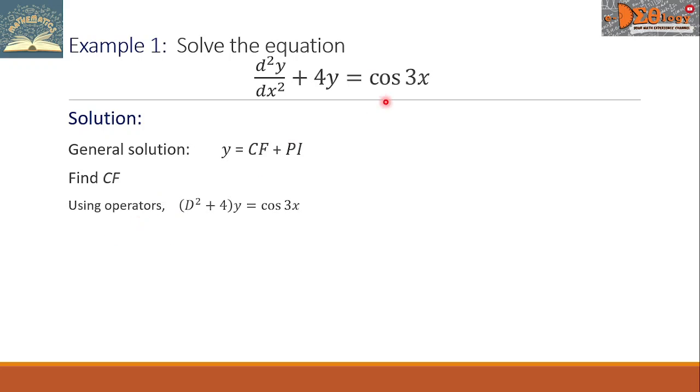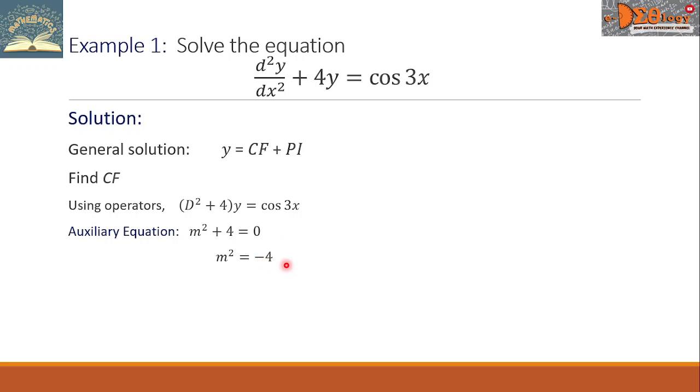Using operators, the equation here can be rewritten as the quantity d squared plus 4 times the variable y equals cosine 3x. Our auxiliary equation becomes m squared plus 4 equals 0. Then we will solve. Let us transpose this positive 4 to the right.